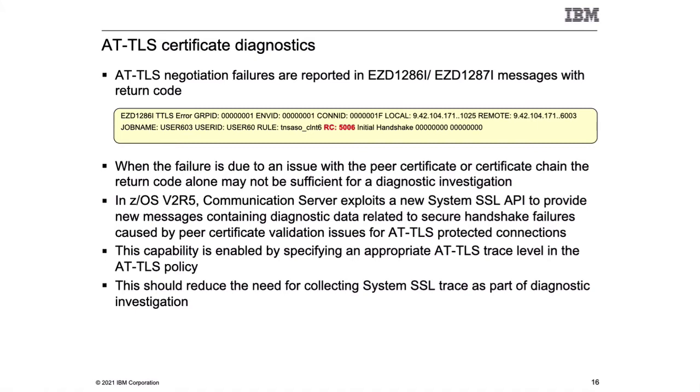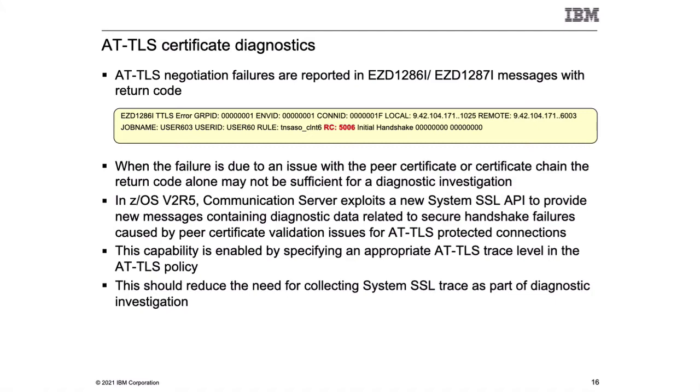That's all well and good, but if the negotiation failure is due to an issue with the peer certificate or the certificate chain, our customers have told us that often the return code is not sufficient, and they typically have to collect System SSL trace data to complete the investigation. In z/OS V2R5, System SSL added a new API that Communications Server exploits, allowing us to provide new messages to provide additional diagnostic capability.